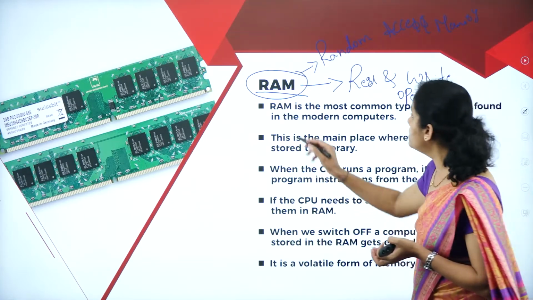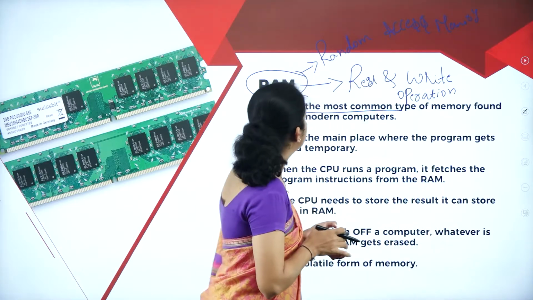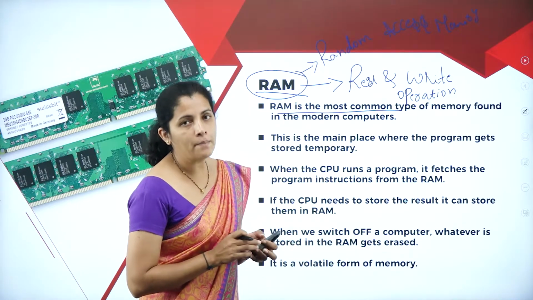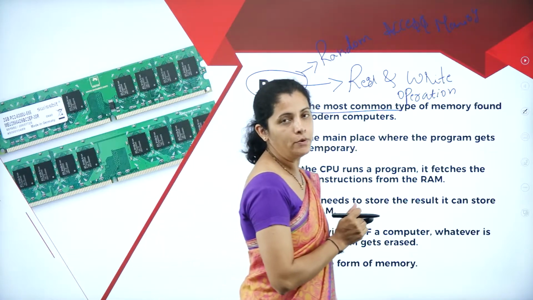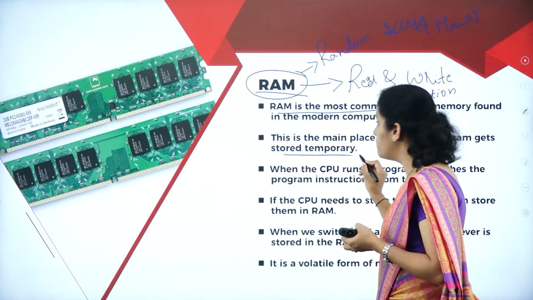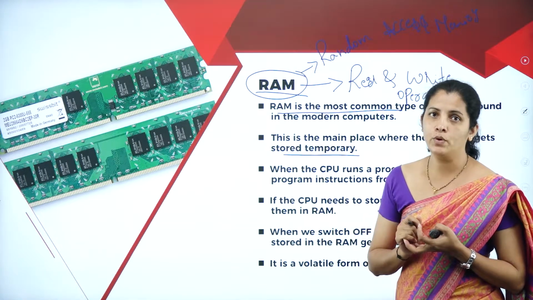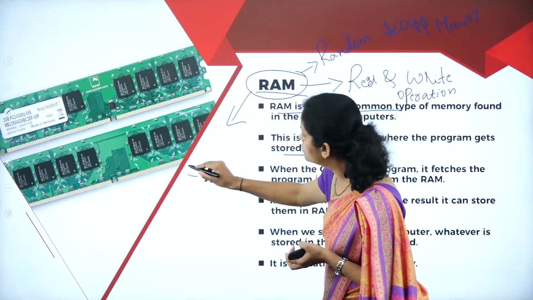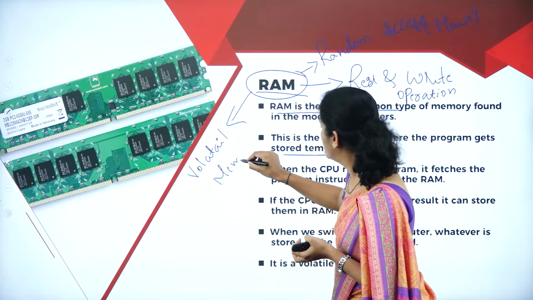Random access memory is the most common type of memory and is used to store data. The main place where programs are stored on your computer system is the random access memory. The random access memory is called temporary memory. That means whatever data we store is stored temporarily. So it is also called volatile memory.